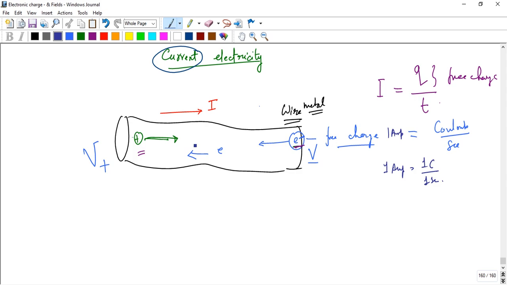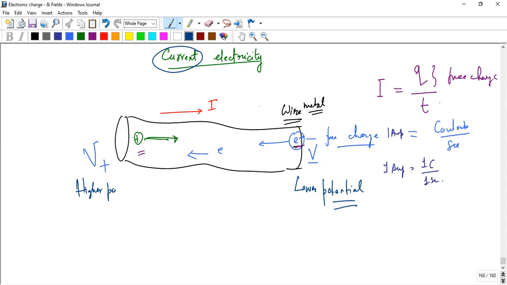So current depends on the free charge and time, the very important factors, and that charge is a free charge, either electron or proton. If the electron moves from the negative terminal to the positive terminal, meaning from lower potential to higher potential, and you know what potential is from the second chapter.